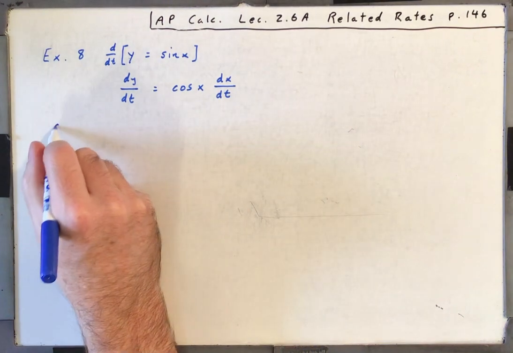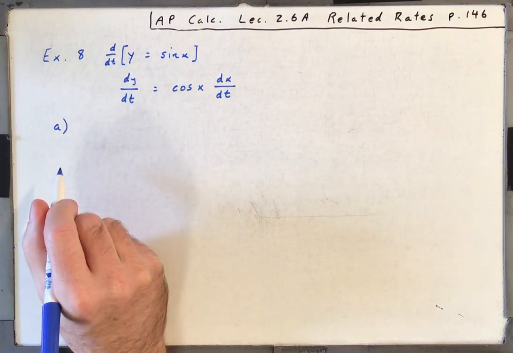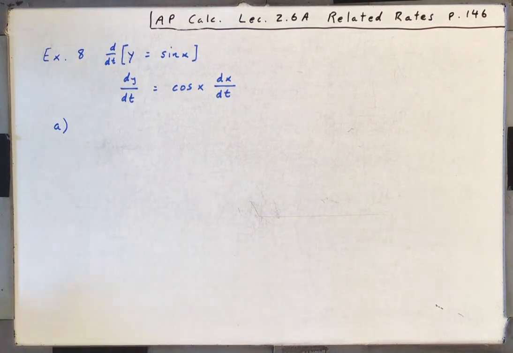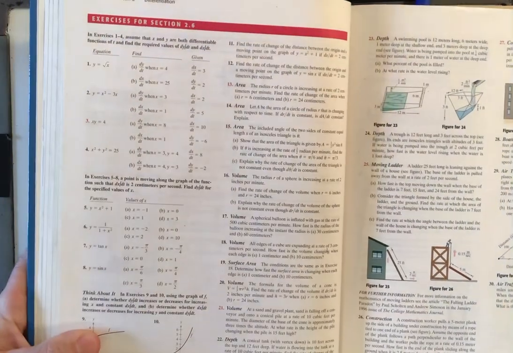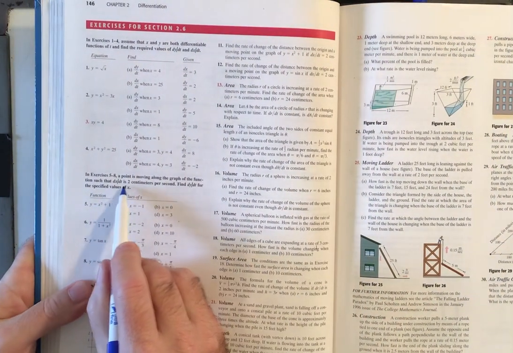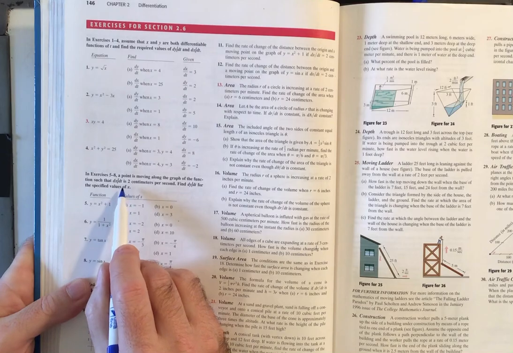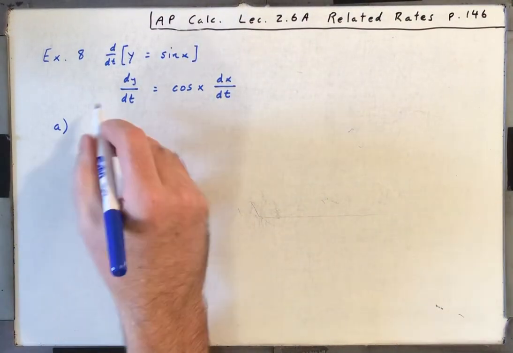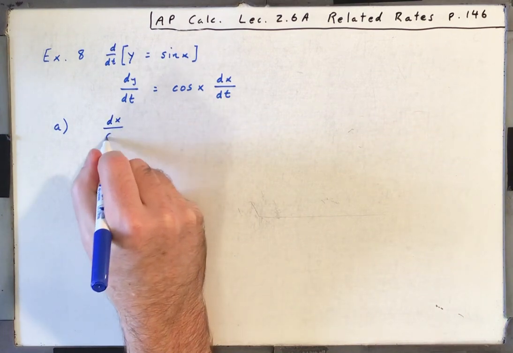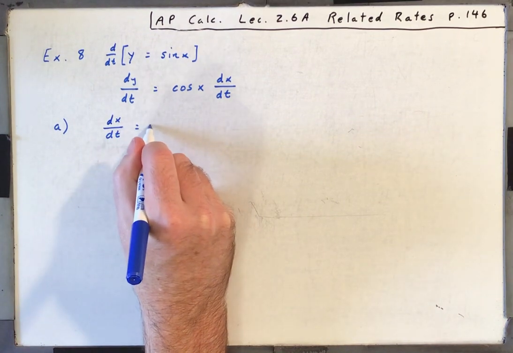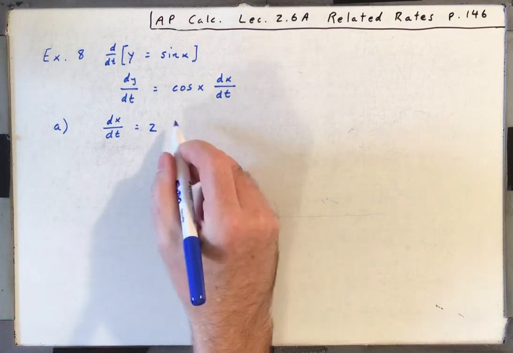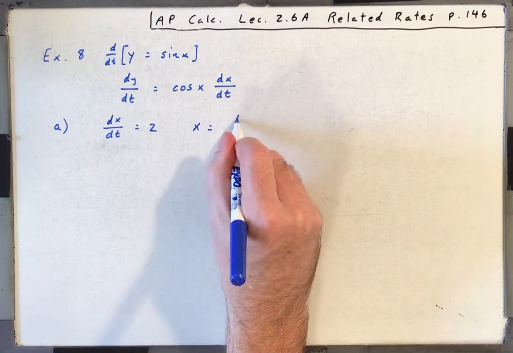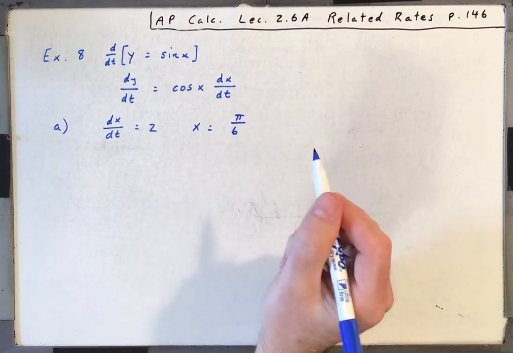Okay, so let's answer part A. Reading the instructions, dx/dt is 2. We want to find dy/dt. In part A, x is equal to pi over 6.